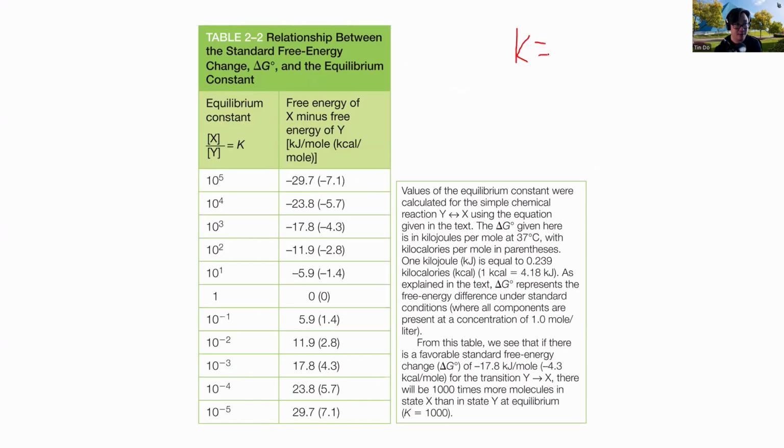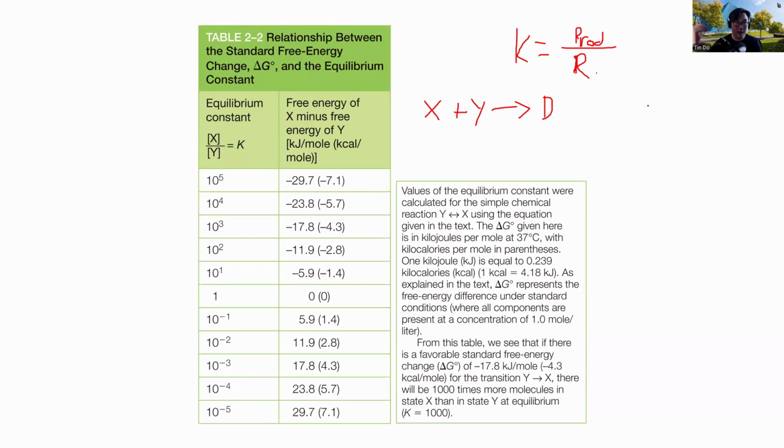Remember, K value is a very simple process. So say that's X plus Y, okay, yields D. K value, all K value is products over reactants. And I'm trying to draw with my mouse right here. Okay, product over reactants. Okay.